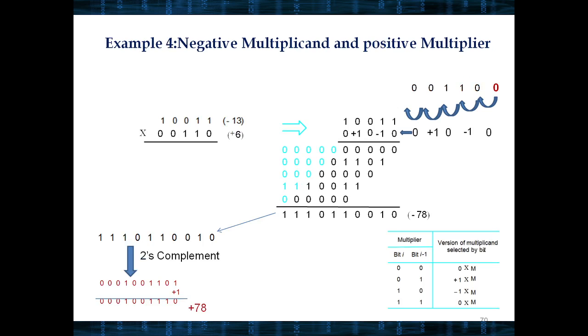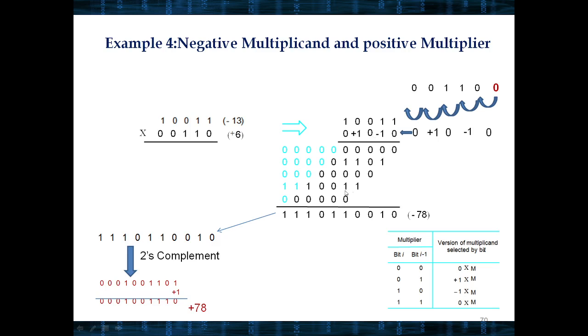Next we will see example 4, negative multiplicand and positive multiplier, minus 13 and plus 6. Here for minus 13 we need to take the 2's complement of plus 13. So we have got 1 0 0 1 1. Then we take plus 6, which is the multiplier, add 0 and find the recoded multiplier.